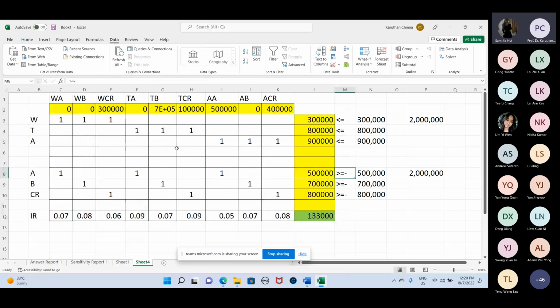Others, this still persists. Go and check. Okay, where did I make a mistake? 1, 1, 1. Okay, you could get the answer right.